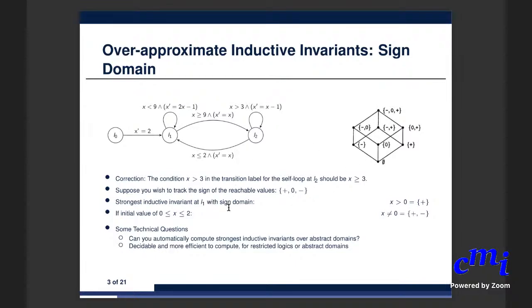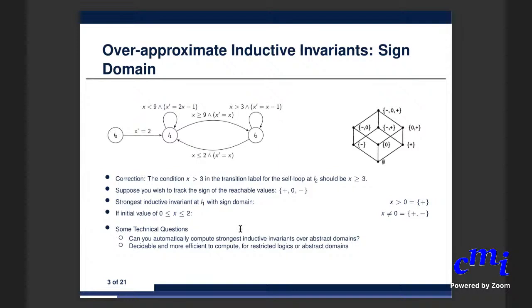Okay. And one can actually compute inductive invariance in these kinds of domains, which are abstract domains, when compared to the actual domains, that is, which produce over approximations of the actual thing, as I said earlier, and are much more tractable complexity-wise in computing. And there is a whole theory of computing inductive invariance in such abstract domains, and that area is called abstract interpretation, and tools based on abstract interpretation or static analysis as another name.